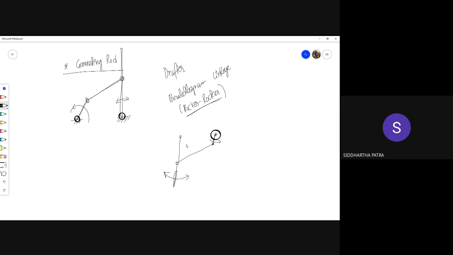Where else should you have seen a crank rocker mechanism? The parallelogram linkage is a 4-bar mechanism, and these crank rocker mechanisms are also 4-bar mechanisms. But I want to give you another example of a crank rocker mechanism. Let's say you are riding a cycle. Okay, so this is essentially the 2 parts of your leg.